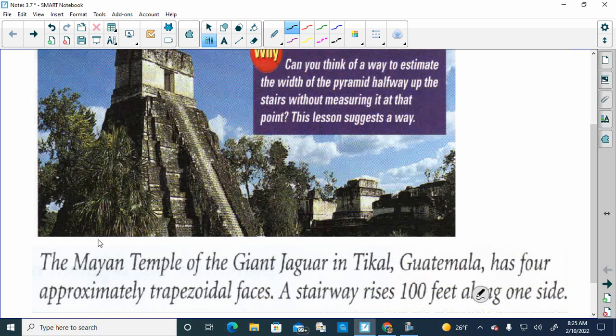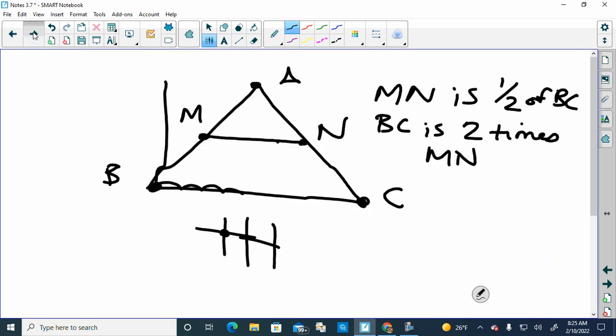If we know the base here, and we know what the length right here is, we could figure out what the middle is going to be without having to actually measure the height of it. We would measure the base and we can measure the top, and then you would add those two, and divide by 2, and that would tell you the width of the middle of that trapezoid. Okay, and so that was just the example that was in the book.